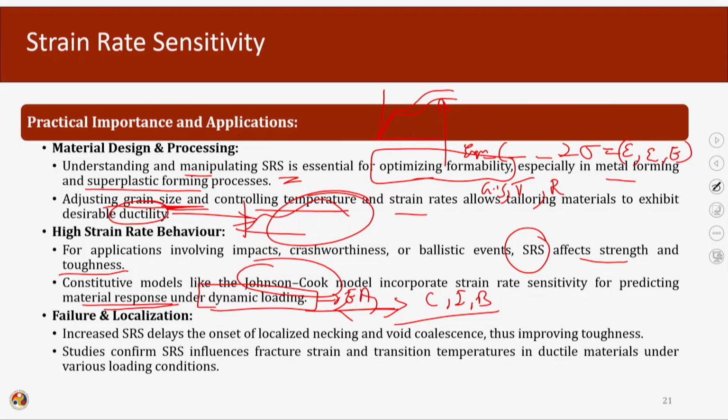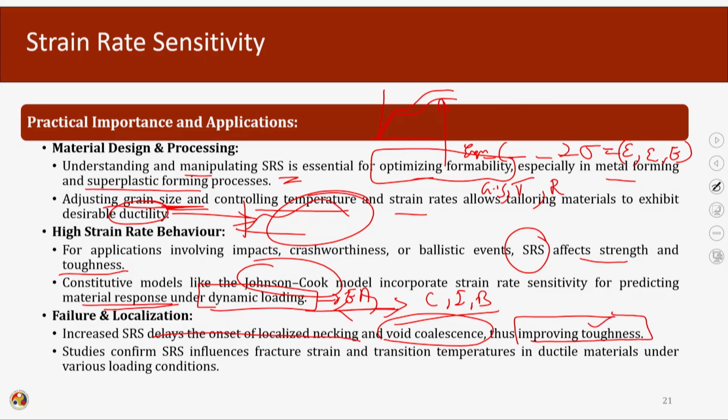The effect of the SRS on failure and localization: increased SRS delays the onset of localized necking, this we have already seen. Since the stress increases, the local necking formation will be delayed, and the void coalescence will also be mitigated, or it will occur later on. So, the total energy absorption capacity will increase, and it will increase the toughness of the system also.